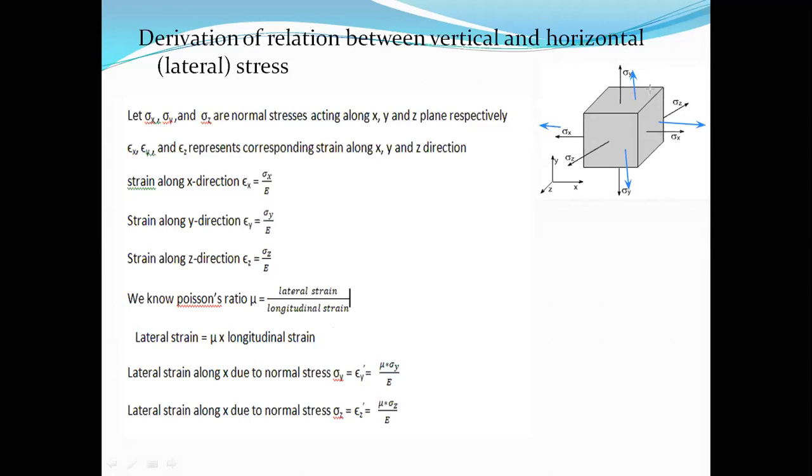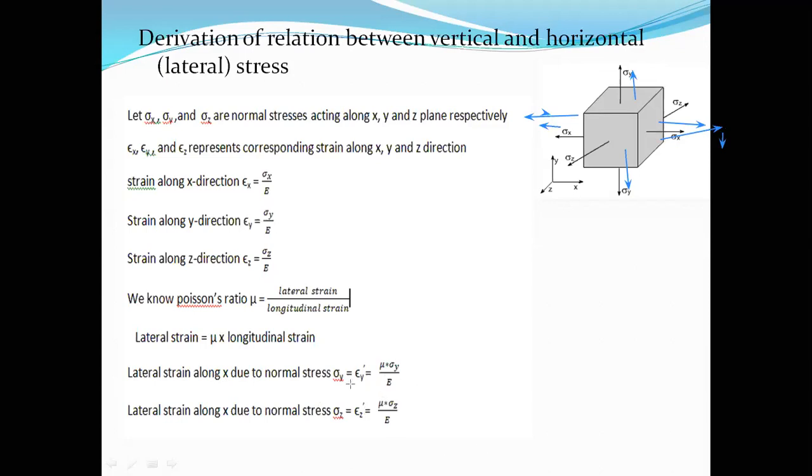For that I will use Poisson's ratio, because this gives the longitudinal strain with respect to the y direction, but I want the corresponding effect on the x direction, which is the lateral direction.